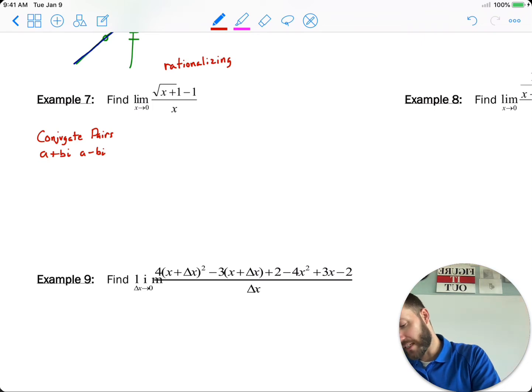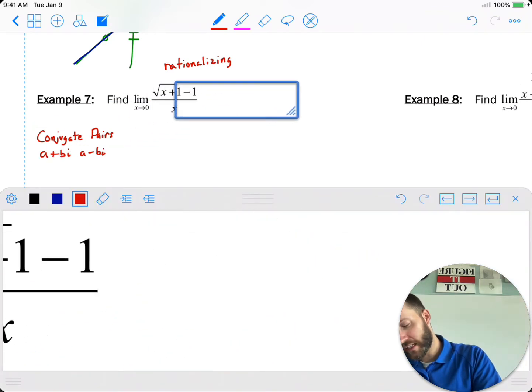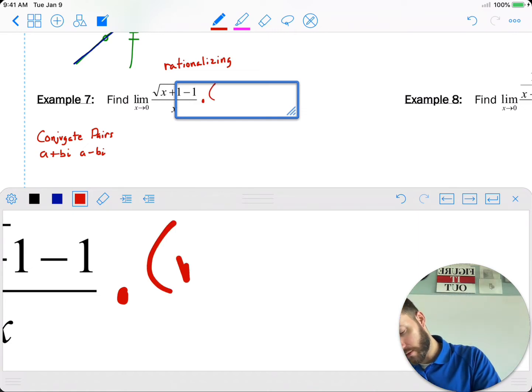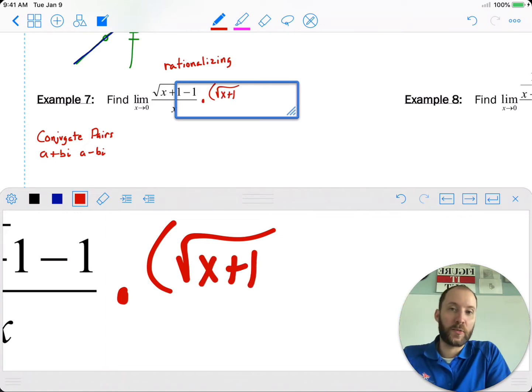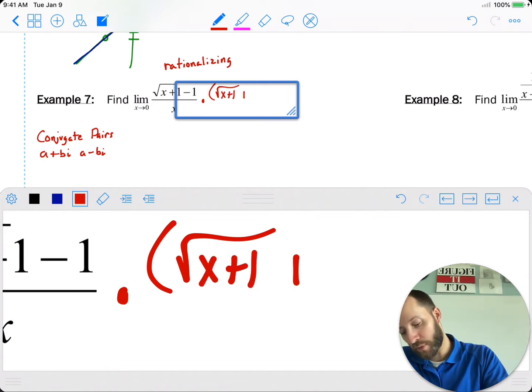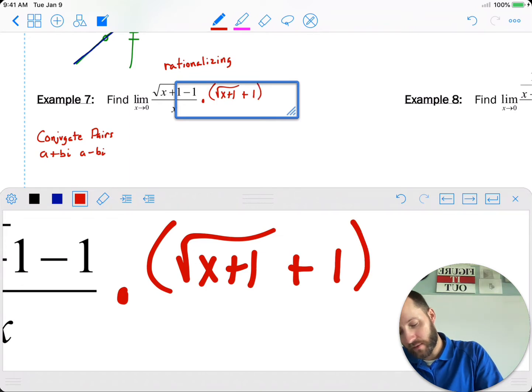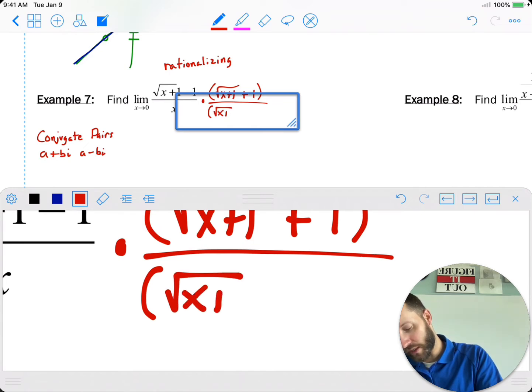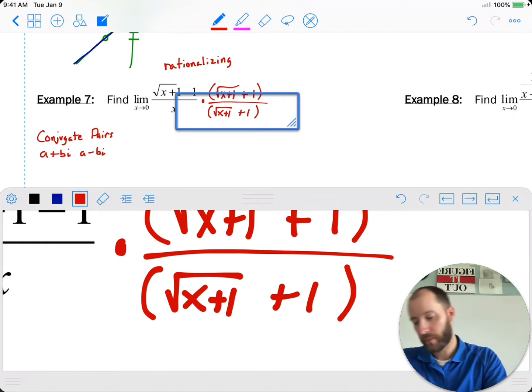And what happens is, when we do the rationalizing, we multiply top and bottom by the conjugate pair. So using the opposite sign, root x plus 1, then plus 1 instead of minus, what you do is you introduce a difference of squares into the problem.